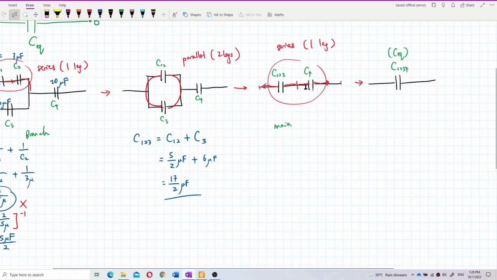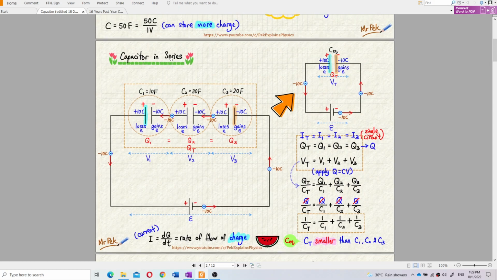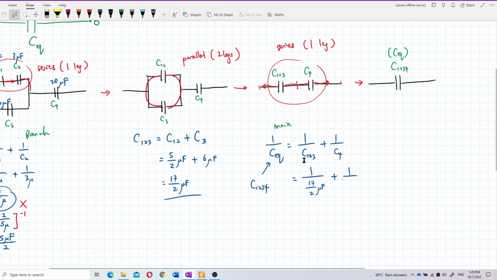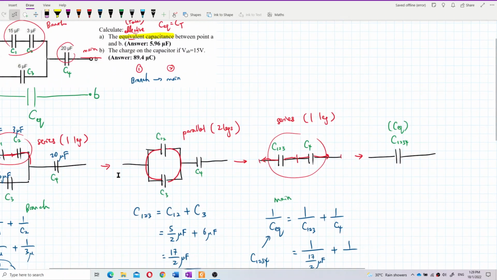In series makes the capacitor smaller, so it's 1 over C. After combining, I get the C equivalent, C1234. So it's 1 over 17 over 2 micro, plus 1 over C4. What is C4? C4 is 20 microfarad.